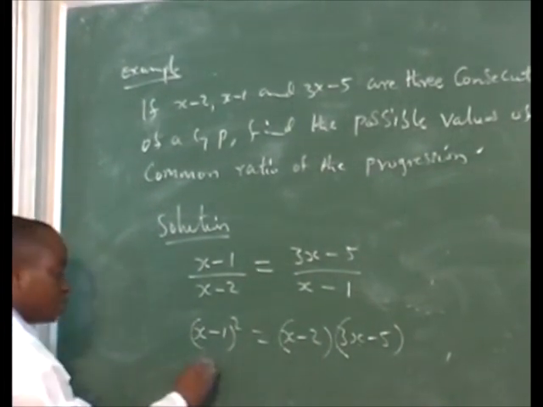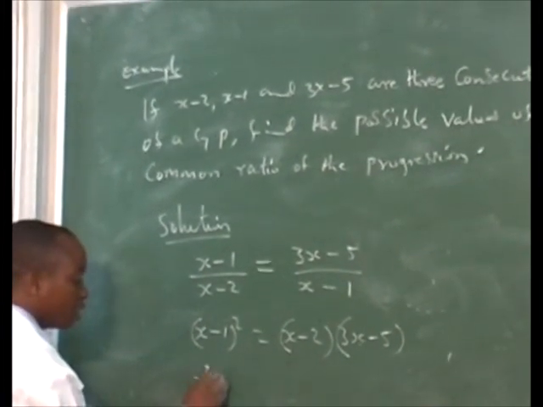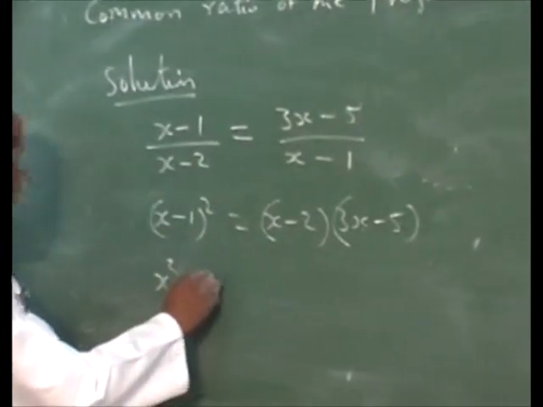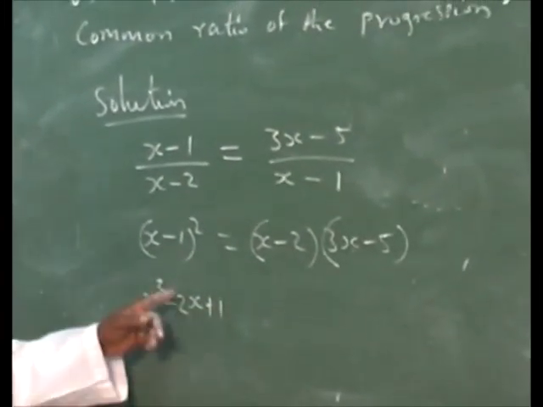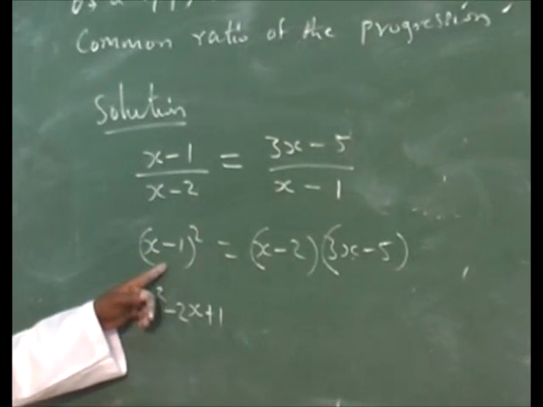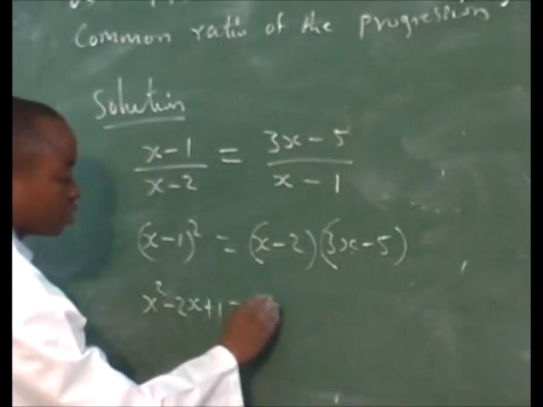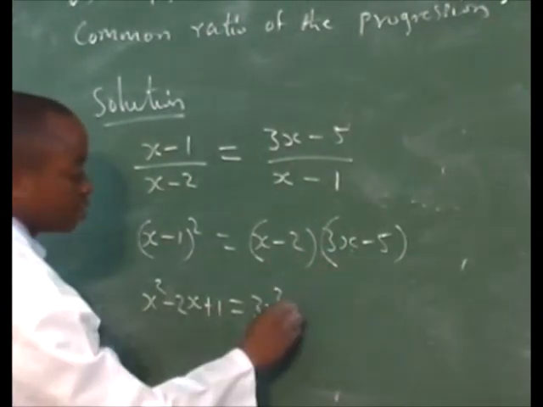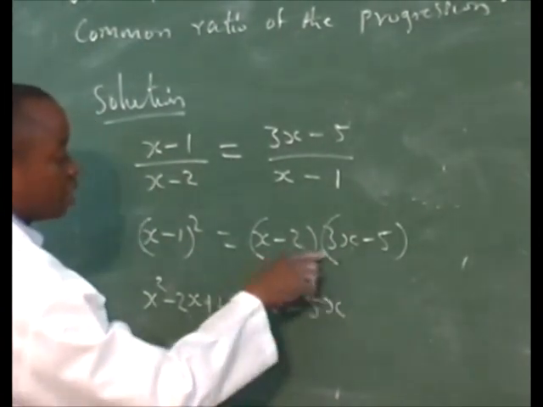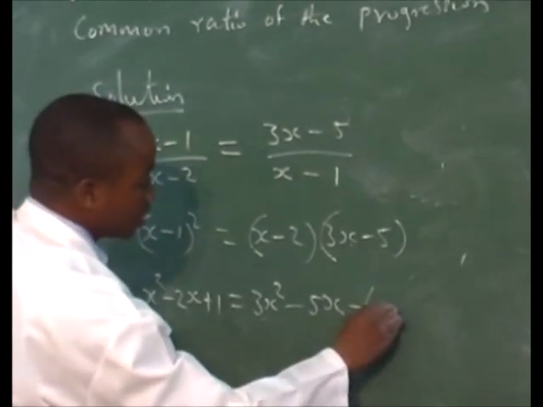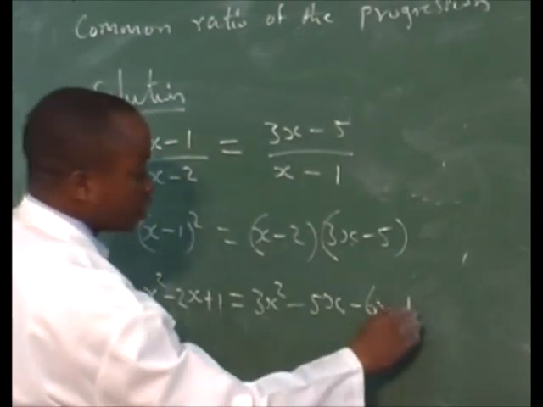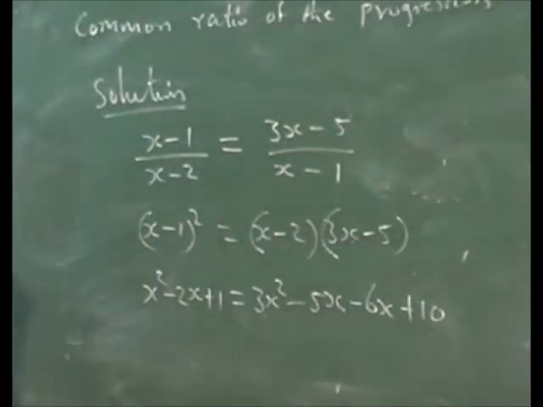So what it means is that x squared minus 2x plus 1, by binomial expansion, will be equal to 3x squared, minus 5x, minus 6x, plus 10.